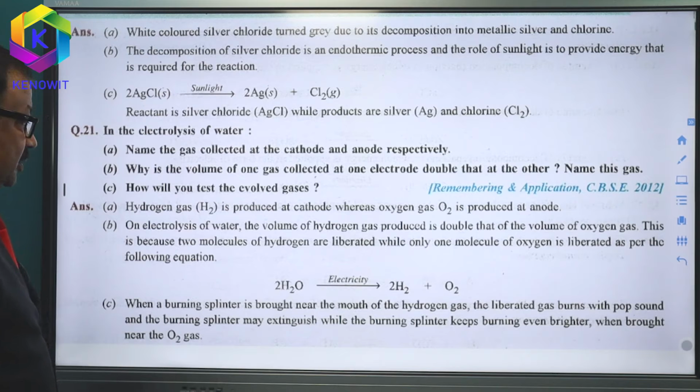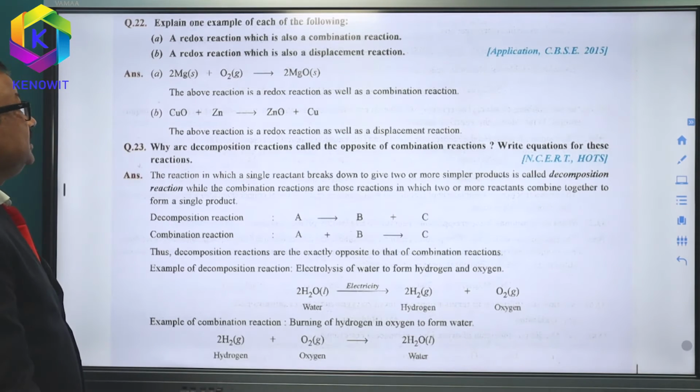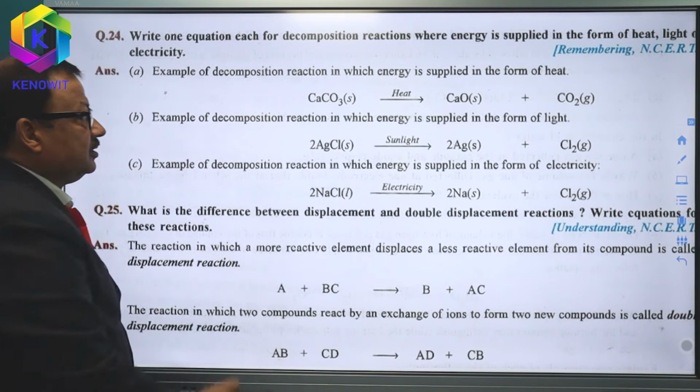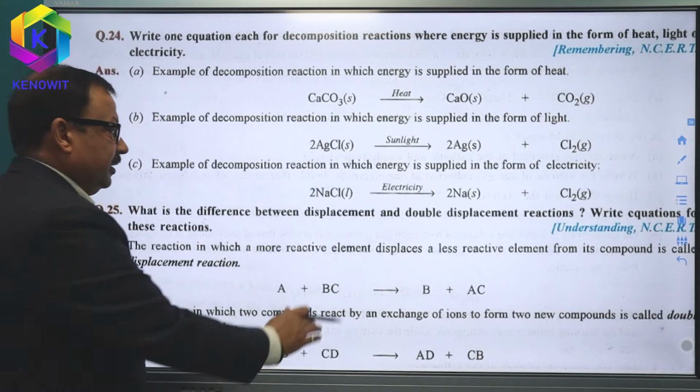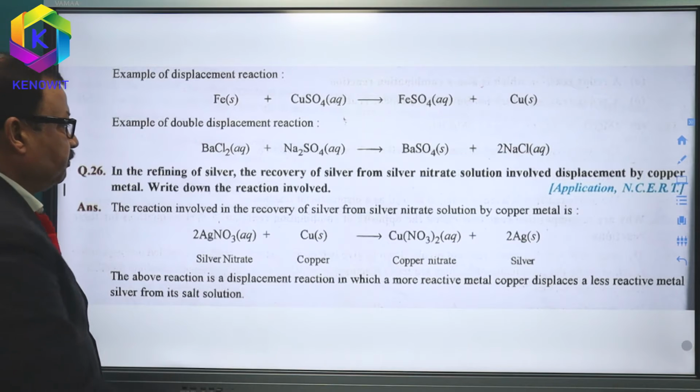Then question number 21, electrolytic decomposition, in which a water molecule is converted into hydrogen and oxygen. Then question number 22 is based on redox. Question 23 is again a decomposition reaction. So please try to solve all these types of questions. These are very important and generally come frequently in CBSE.